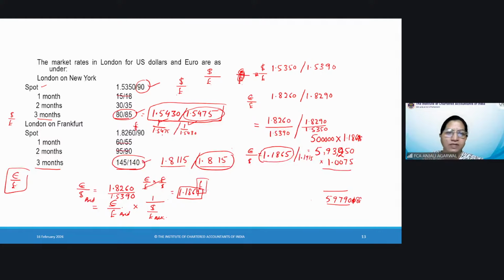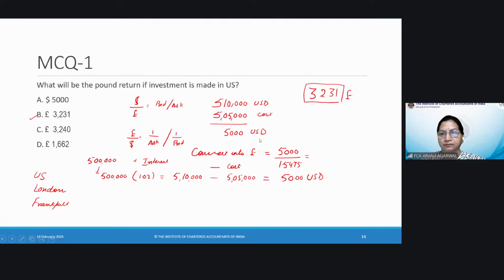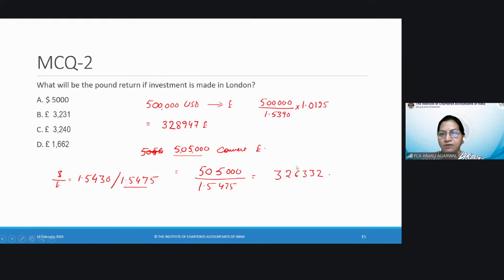So $1 will give you 1.5475. You can also do 1 upon 1.5475 or you can directly divide it. So your outflow for dollars is going to be 5,05,000. So 5,05,000 when divided by 1.5475, it is 326,332.